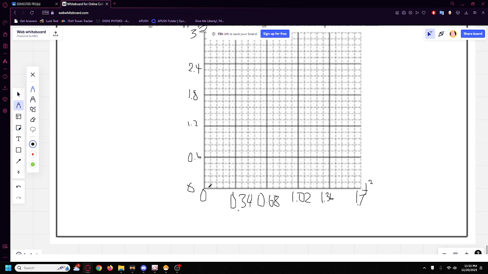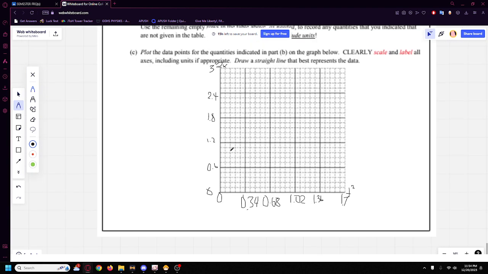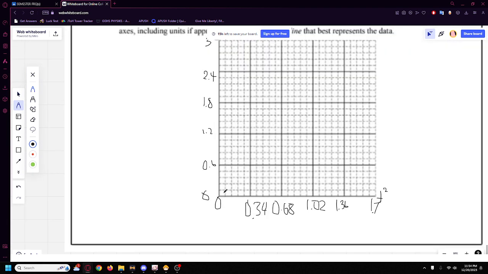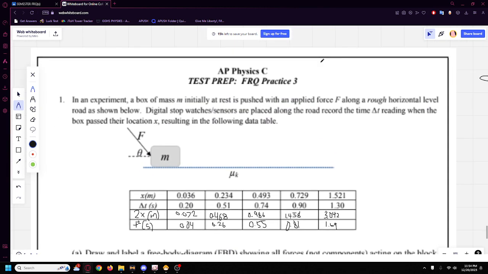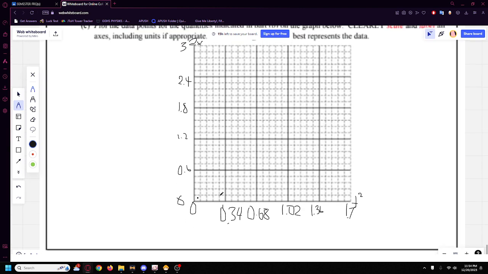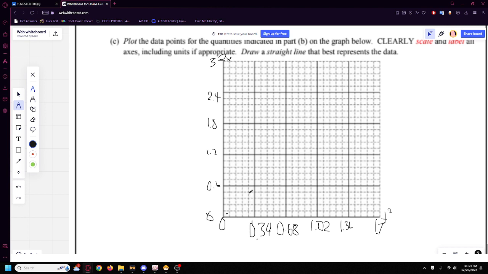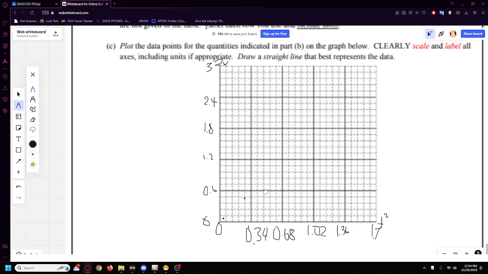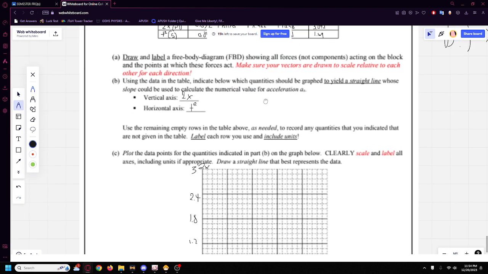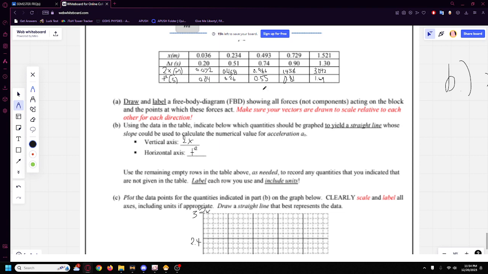So 0.04 is about here. 0.072. 0.26 is about here, and then 0.468. 0.55, and 0.986.